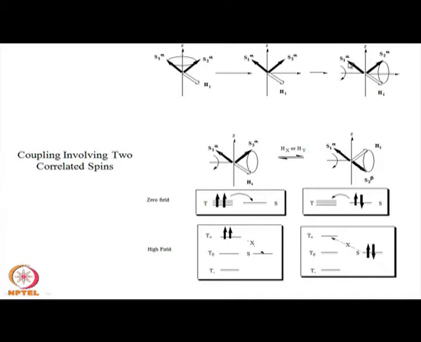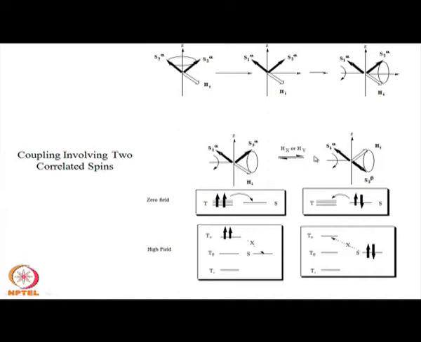But suppose these two are now coupled, this S2, the second spin, and this internal field. If these two are coupled, they are now both precessing about another internal direction, so that this S2 is now over here.